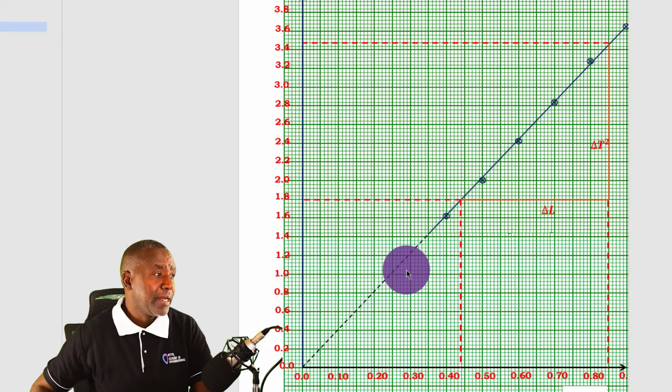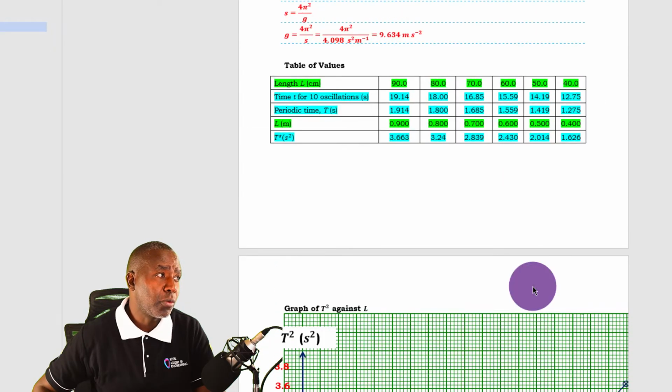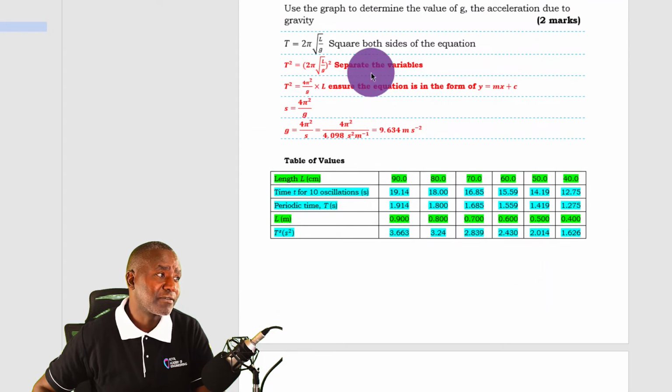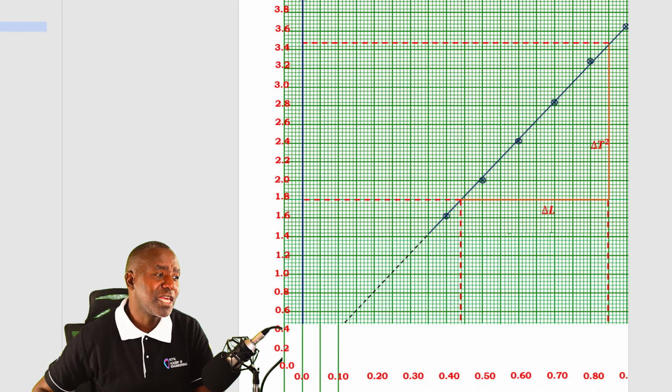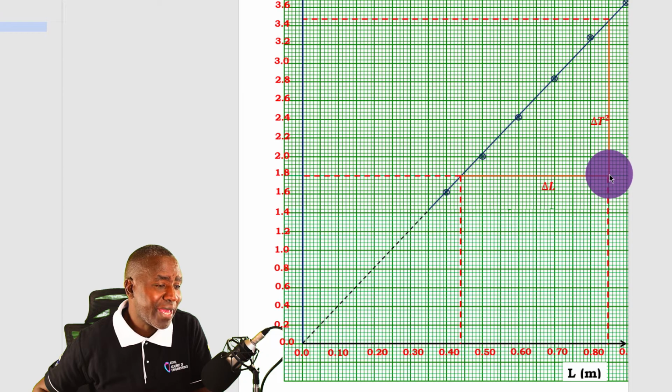Next, they will ask you to calculate the slope of the graph. The slope of the graph. Once that has been asked, make sure that on the graph which you draw, you go and draw this right angle triangle in order to get the change in the quantity on the y-axis and the change in the quantity on the x-axis.